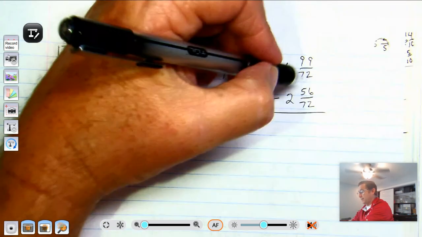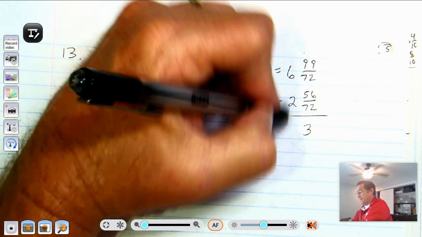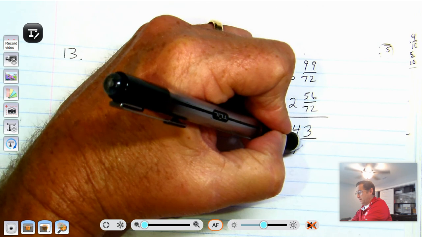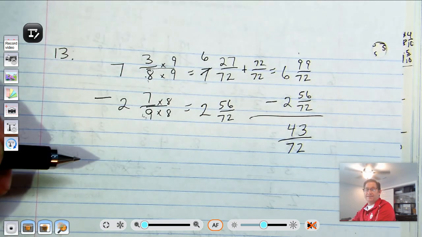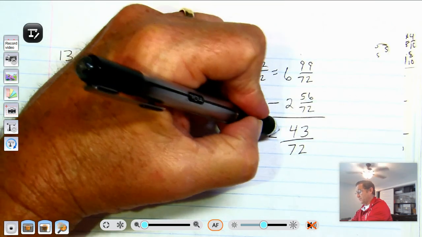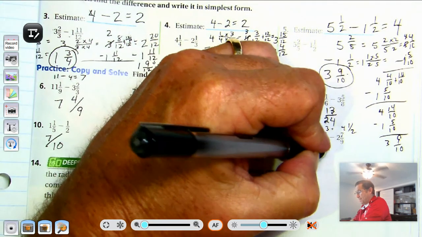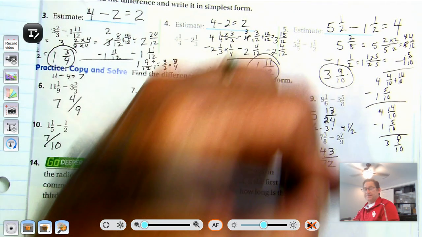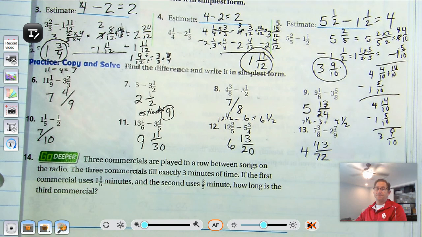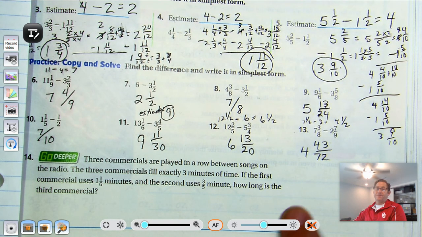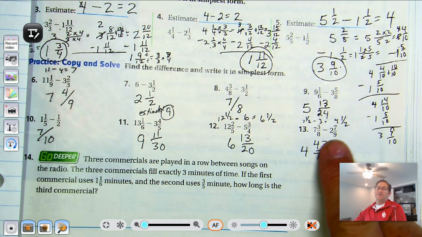All right, so just subtract. 9 take away 6 is 3. 9 take away 5 is 4. 43/72. And 6 take away 2 is 4. So 4 and 43/72. Half of 72 is 36. So we're slightly bigger than 4.5.